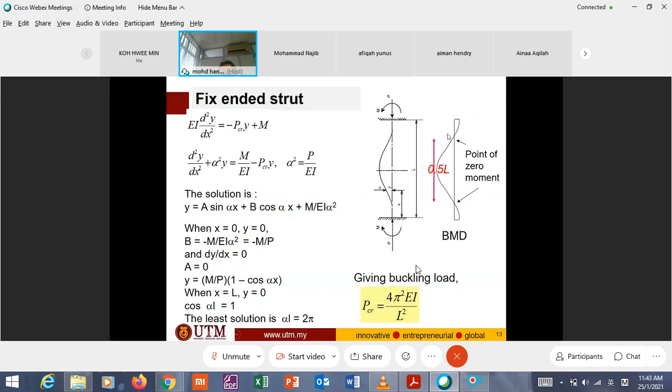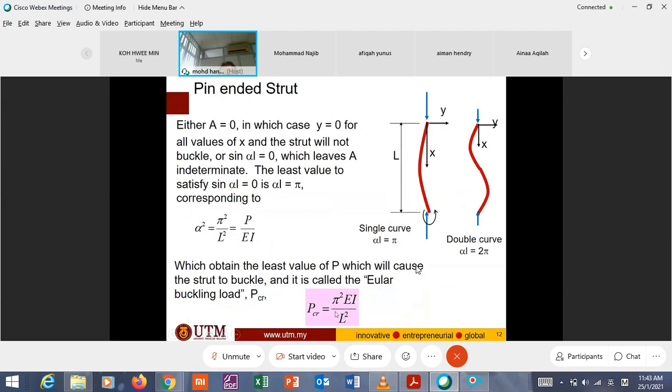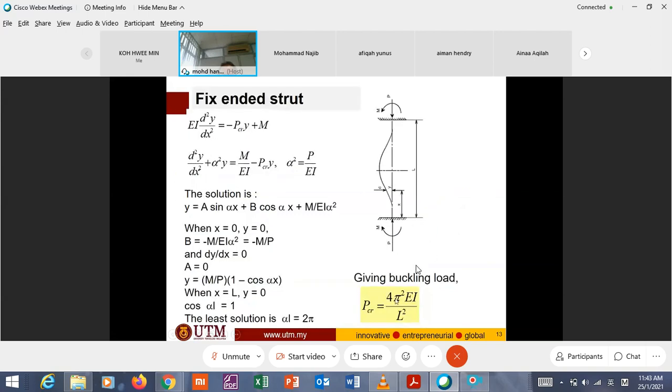If you measure approximately the distance between two zero bending moment points, it is equal to 0.5 L. Therefore, if you use this pin connection here, you substitute L with 0.5 and you will have 4 here.